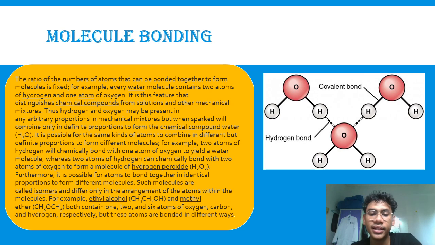For example, ethyl alcohol, CH3CH2OH, and methyl ether, CH3OCH3, both contain 1, 2, and 6 atoms of oxygen, carbon, and hydrogen, respectively, but these atoms are bound in different ways.